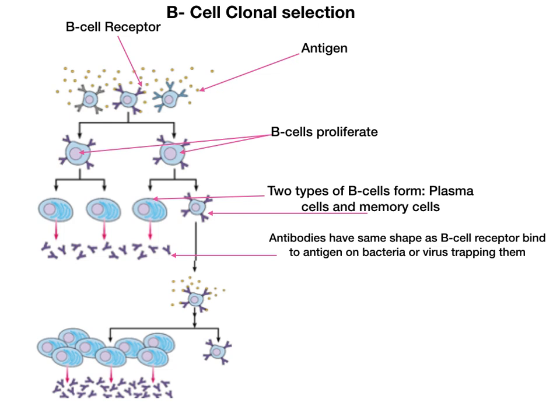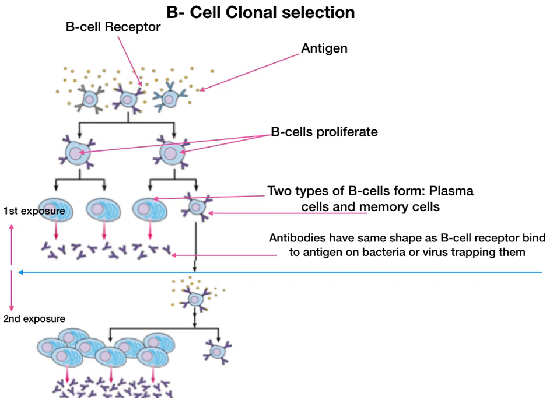The memory cells, the other cell that's made, are long-lived, and they will stay in your body for years and years. And what we just covered is the first time you're exposed to a particular pathogen. But if you're ever exposed to that pathogen a second time, years later, or even a month or a week later, you still have those memory cells in your blood, and those memory cells will be activated by that particular pathogen.